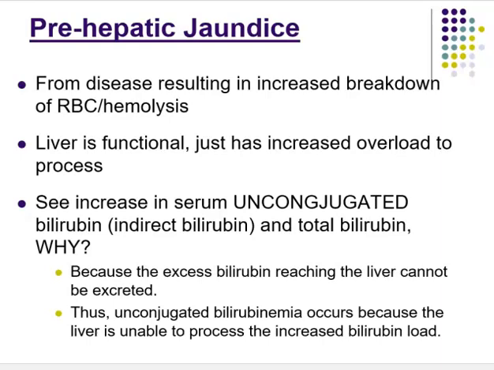In prehepatic jaundice, you're going to see an increase in unconjugated bilirubin or indirect bilirubin and total bilirubin. Why? Because the excess bilirubin is reaching the liver and cannot be excreted. Thus, unconjugated bilirubinemia occurs because the liver is unable to process the increased bilirubin load.